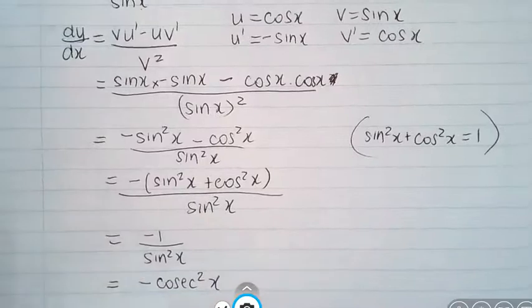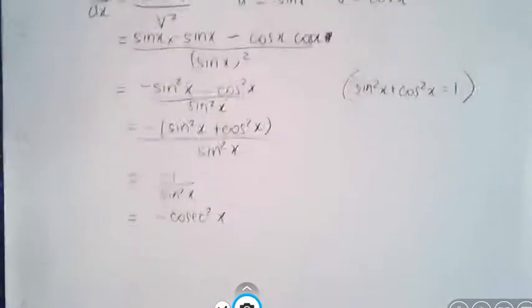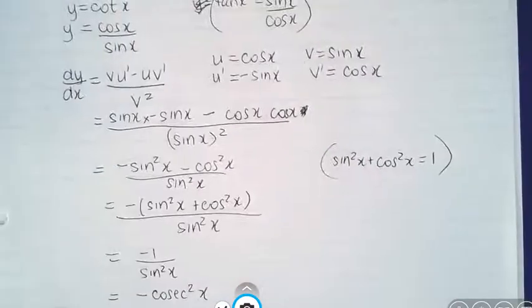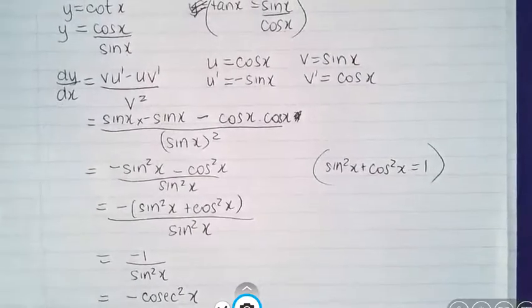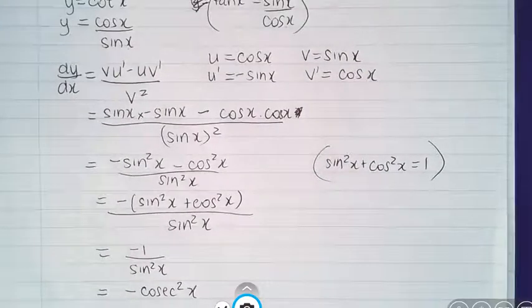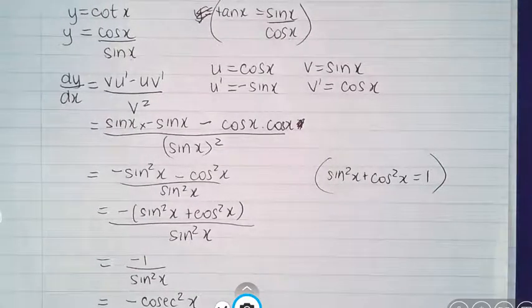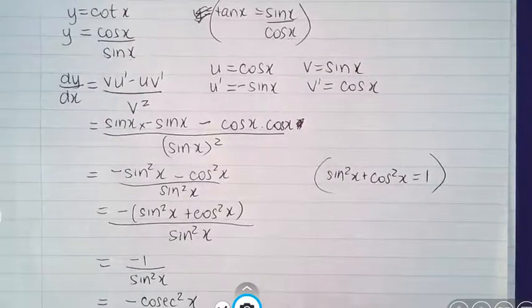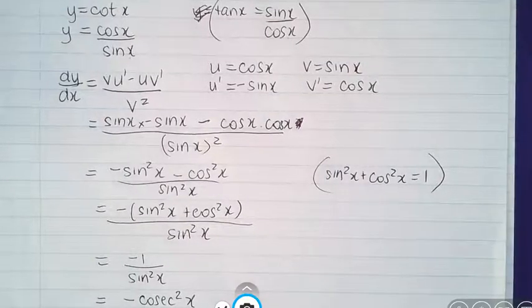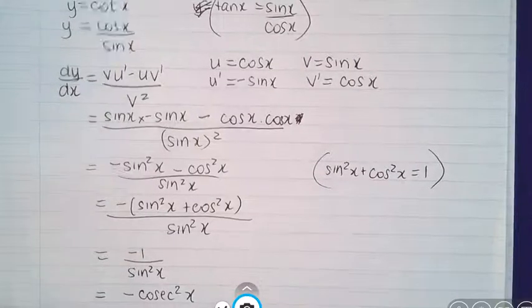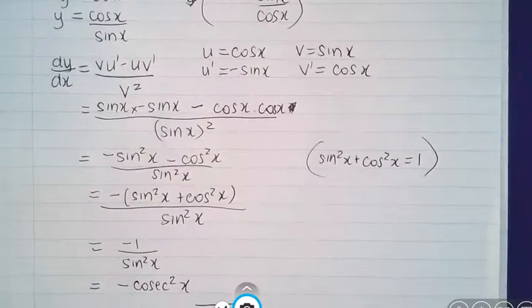Now that's one way to do the derivative of cot x. I know that the textbook has that result. You are not to use that result. If you're asked to differentiate cot x, you need to either do it that way or the other way.